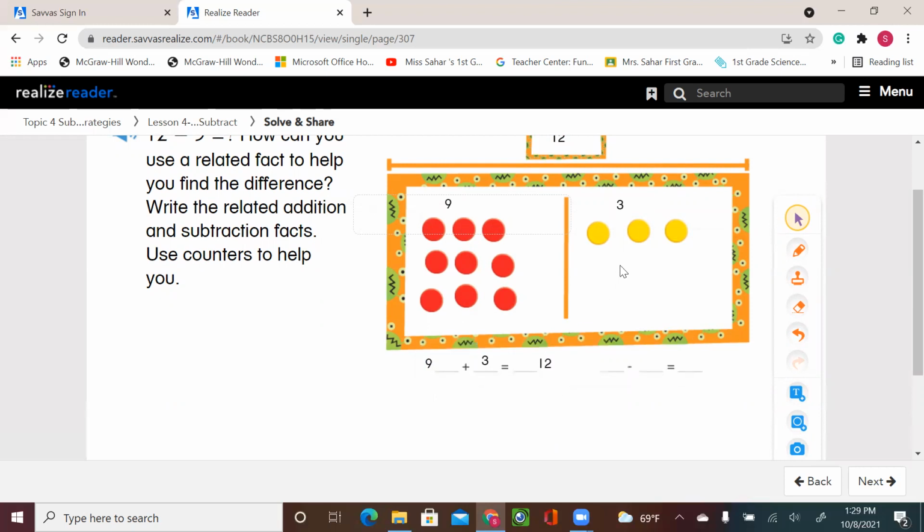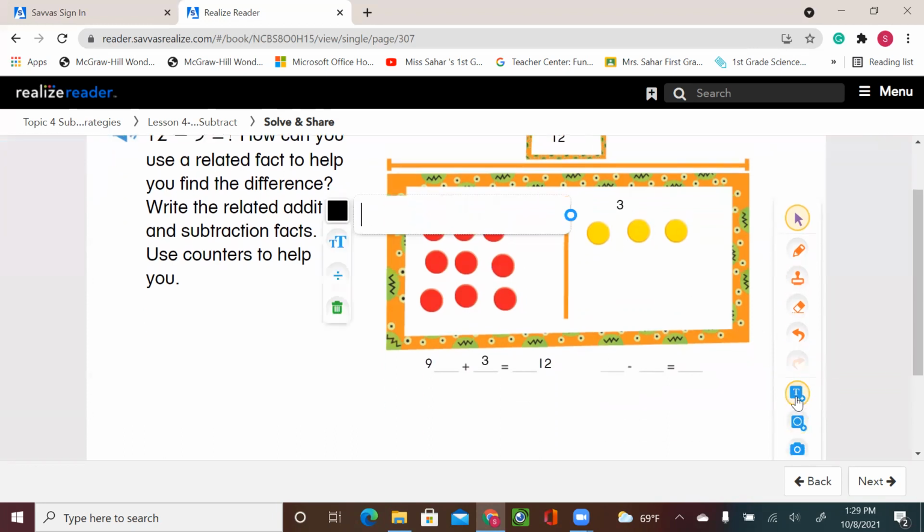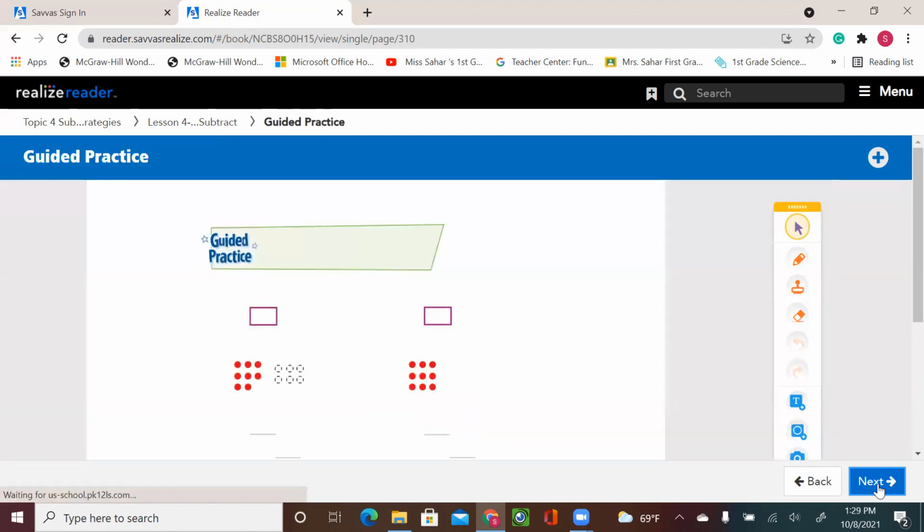That means, going back to my equation, 12 minus 9 gives me the part I just found out. Very good. 3. So let's write, 12 minus 9, the part I know, equals the hidden part, the part that was missing, and I just found it. All right, let's go to our guided practice.